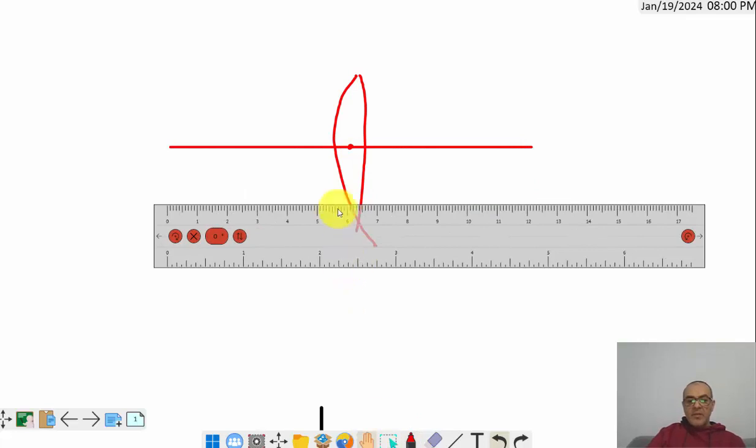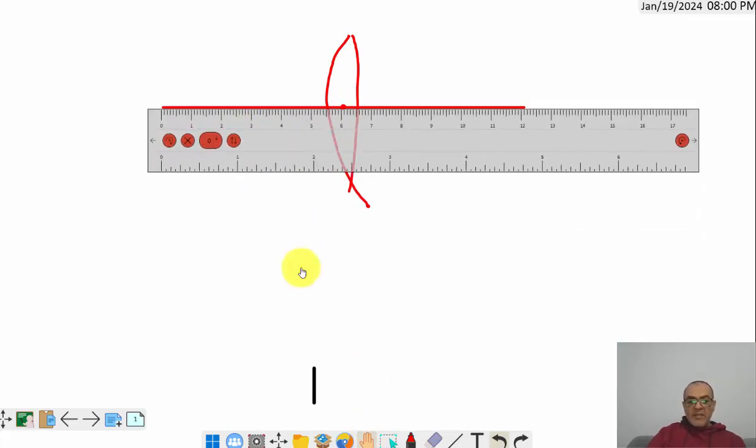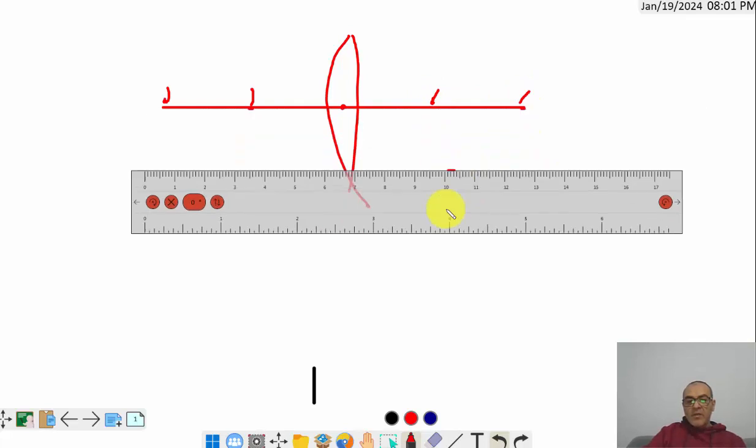I move step by step to be easy for you to understand. At the middle here, at 3 is the focus, and here the center of curvature. Here is 7, 8, 9. Here is the focus. Here the center of curvature.